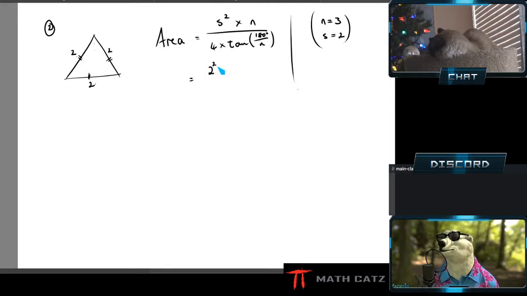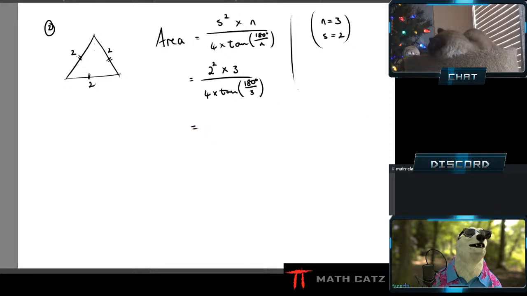Side length 2 squared times number of sides of the triangle, 3. 4 is always a 4. Tan of 180 degrees over 3. n is 3. Let's plug it in. Practice your calculator stuff. It's important.